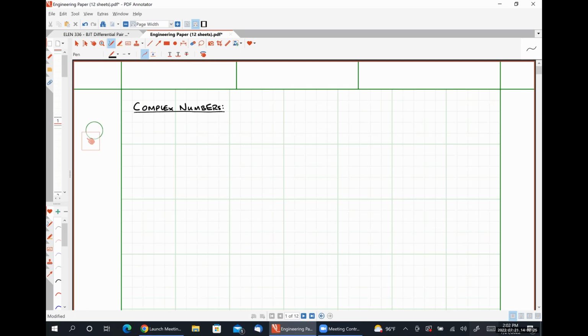So what I'm going to put here kind of in the middle of the page is a complex plane where our vertical axis will correspond to imaginary numbers and our horizontal axis will correspond to real numbers.